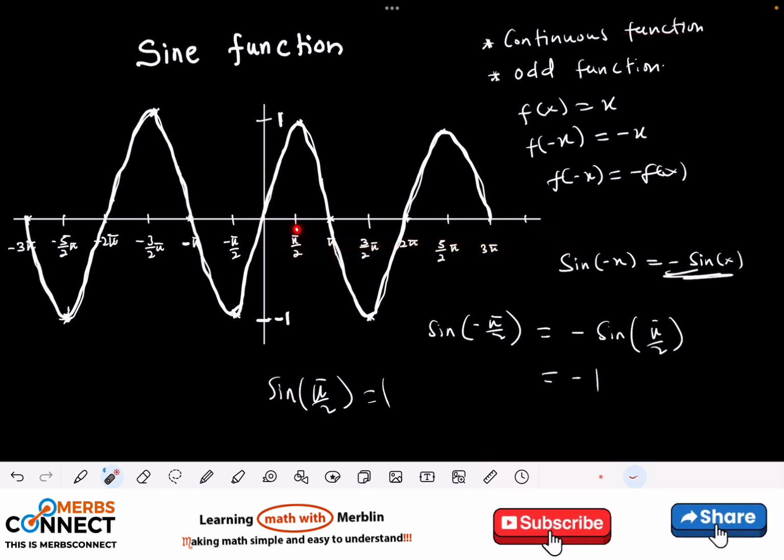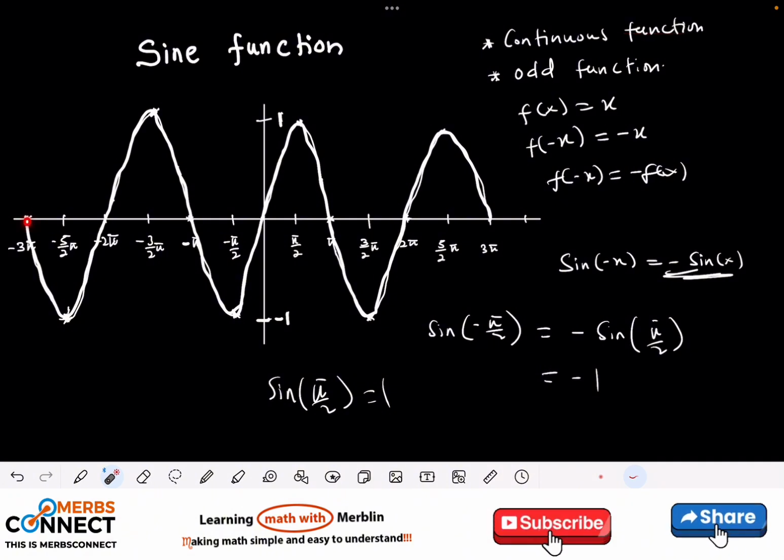For example, sine of 90 is 1, but sine of 3 over 2 pi is minus 1. So sine of minus 3 over 2 pi will be positive, because minus times minus gives us positive. This is how the sine function works.